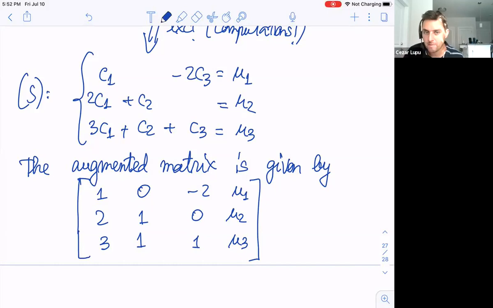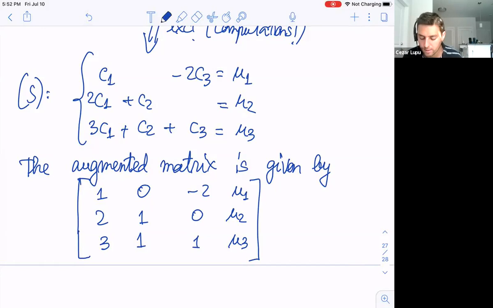So, Liliana, you want to multiply by C1, C2, C3?